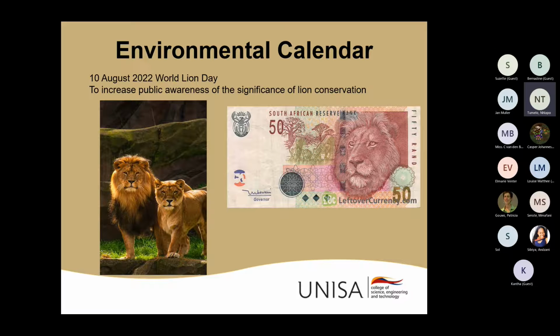Another interesting fact: as you can see on the bottom left of the screen, there's a male and a female. Did you know that a male lion has hair all over its neck and a female lion does not? The purpose of this is that male lions are the ones protecting the family.